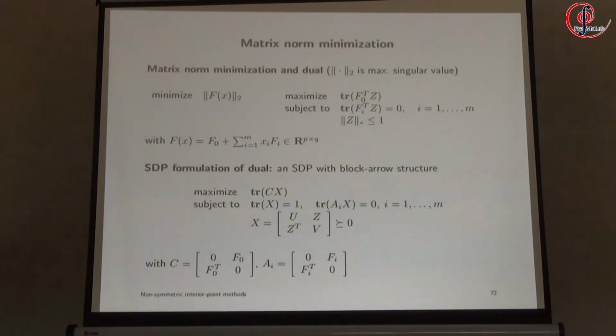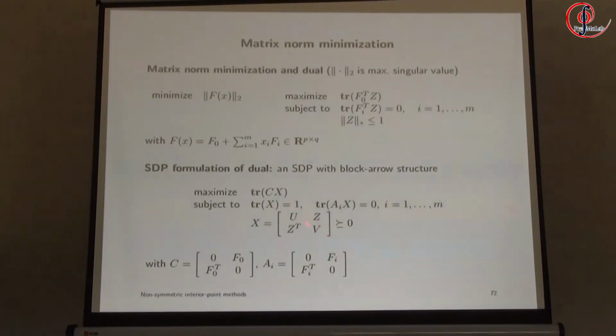The dual of this would be a problem like this. You have a problem that involves the trace norm, or the nuclear norm, or the sum of singular values of a matrix variable Z, and linear objectives and constraints. If you take this dual problem in SDP form, to get the standard form SDP, you can do that by introducing a matrix variable X which is a block matrix, where the (2,1) or (1,2) block is the matrix variable Z of the original dual problem.